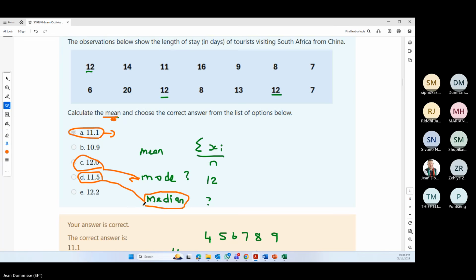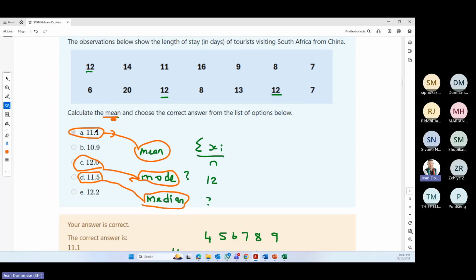So one question with three different outcomes. That's why it's important not to try and say to somebody, well, I've got option A for my first question, because your first question could have been A for the mean. Somebody else might have needed to say C because it was the mode that they asked, and somebody else was asked for the median, and there is the median as another option.